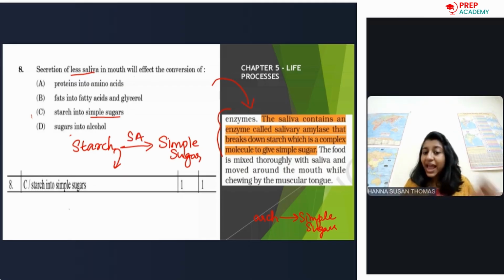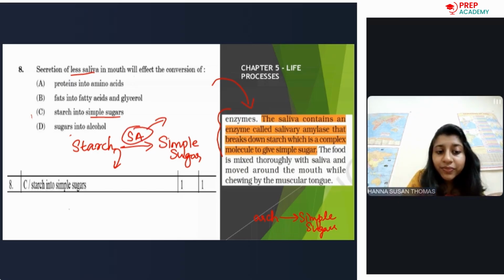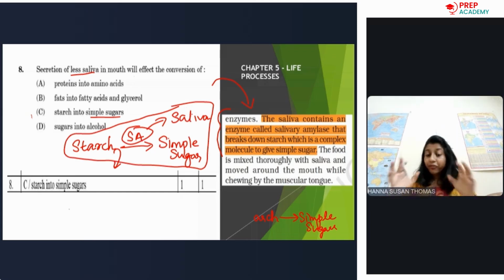This salivary amylase is present in our saliva. This is the understanding that we get from this statement from your textbook.